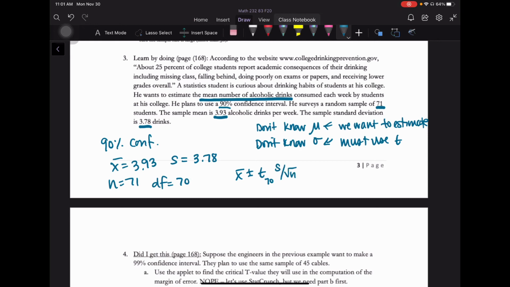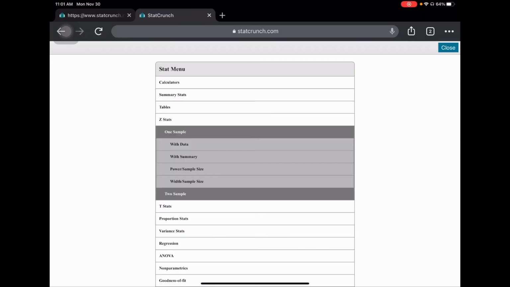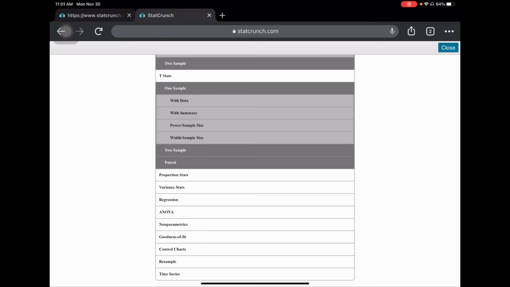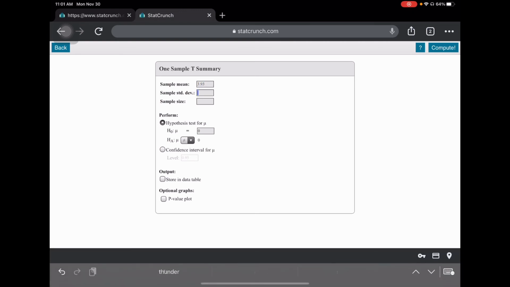Okay, well, we don't have a t-distribution chart that we're going to use. We need to go to StatCrunch to get this calculation. So let's do that. Okay, stat, t-stats, not z-stats, because we don't know the standard deviation. One sample with summary. We know that our sample mean is 3.93, our sample standard deviation is 3.78, and the sample size was 71.